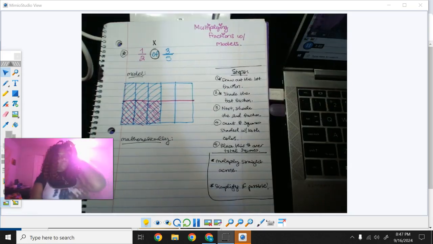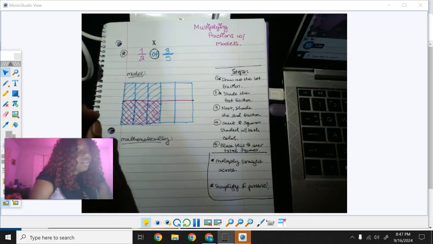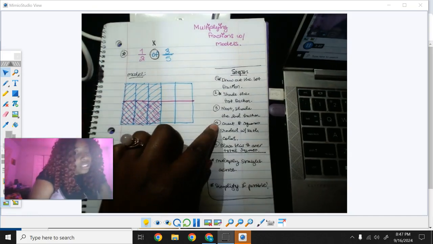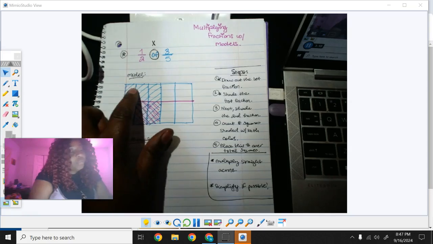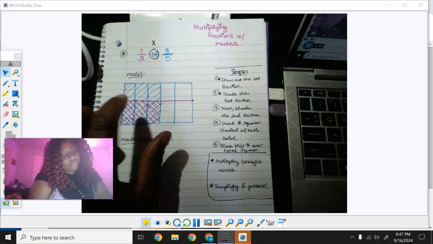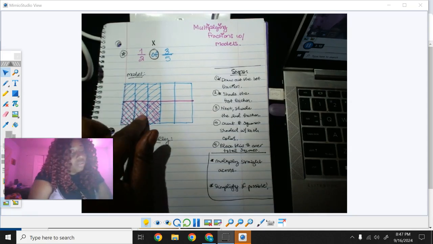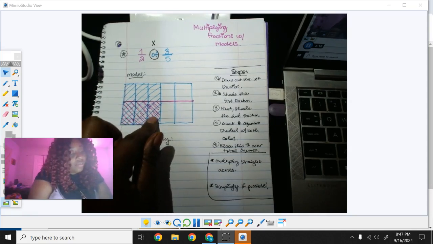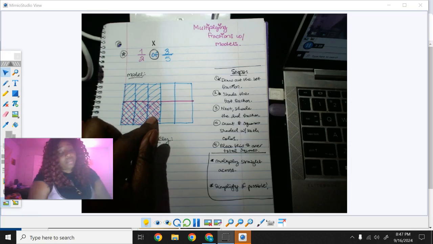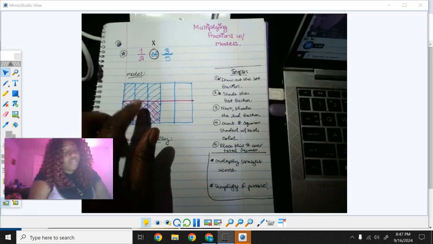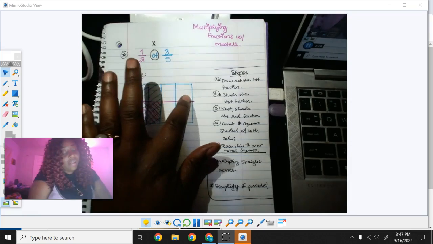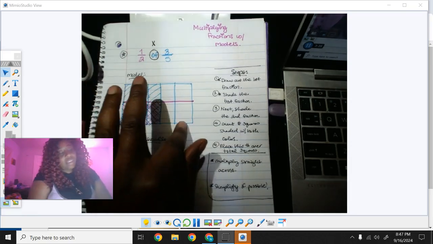So now, I'm going to count the squares that are shaded with both colors, both the blue and the purple color. So if I count those squares, I have 1, 2, 3. Okay, so 3 shaded out of 1, 2, 3, 4, 5, 6, 7, 8, 9, 10.